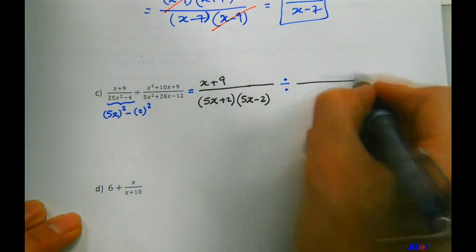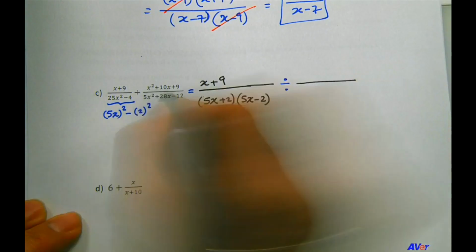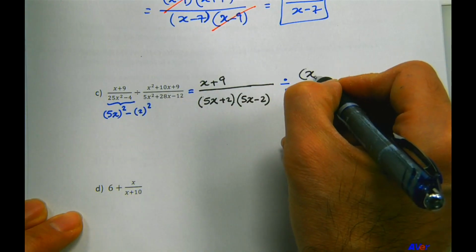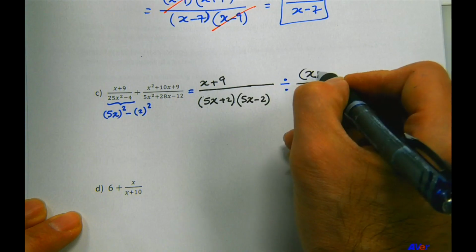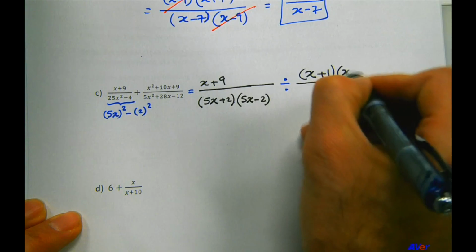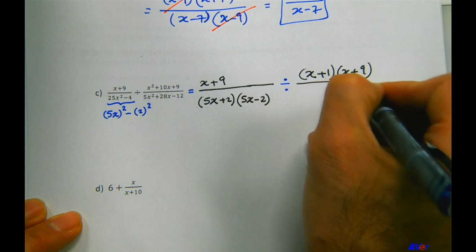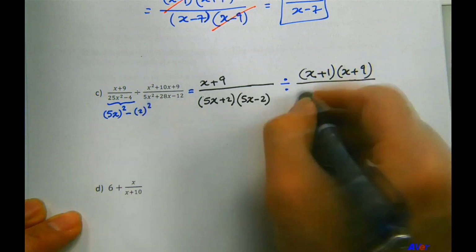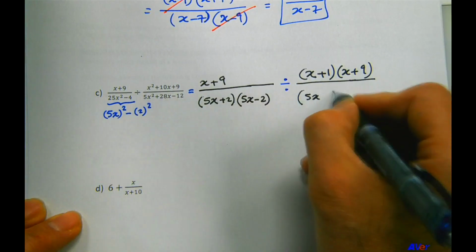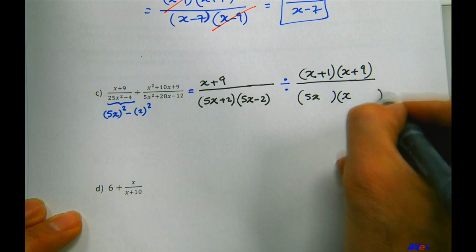Factoring this by trial and error, we have, let's see, so 9, so (x plus 1) times (x plus 9) divided by, factoring this, we have 5x and x.